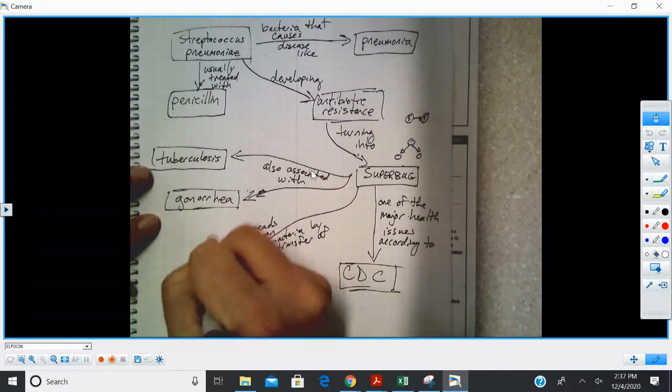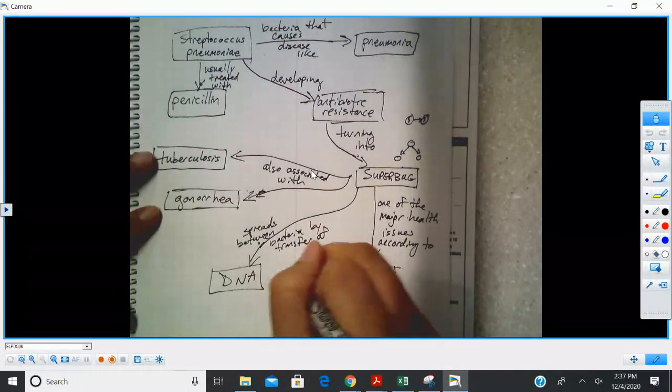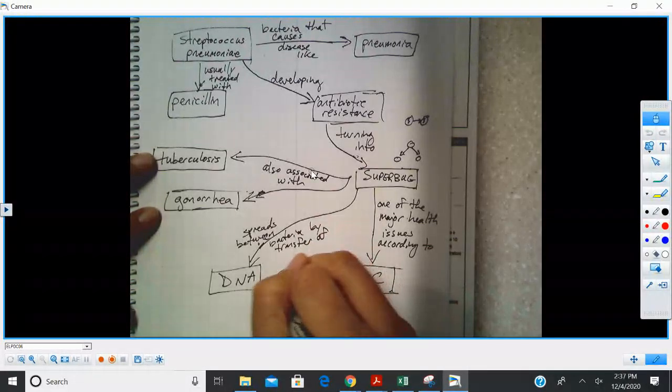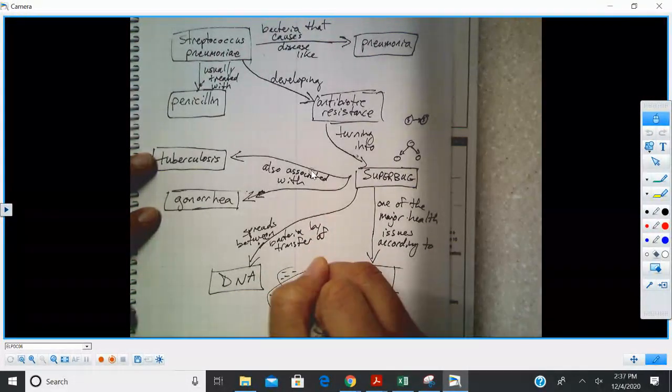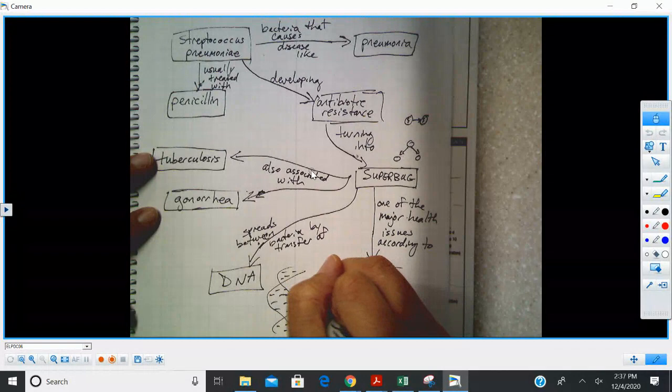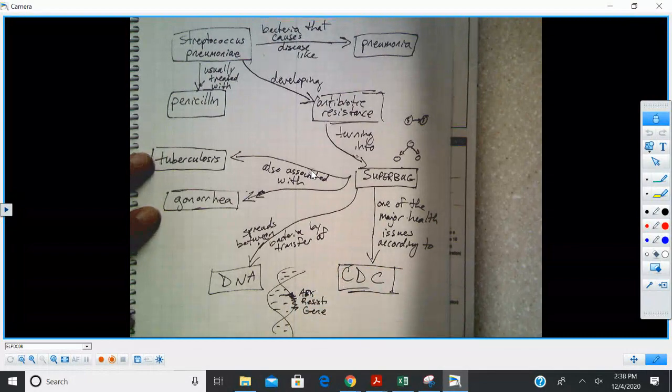Okay? And so here's our DNA molecule. Maybe right here is that gene. So this is the antibiotic resistant gene. ABX is the abbreviation for antibiotic.